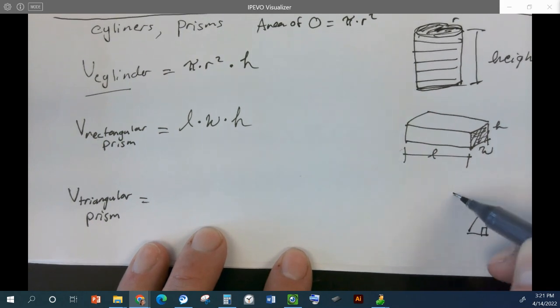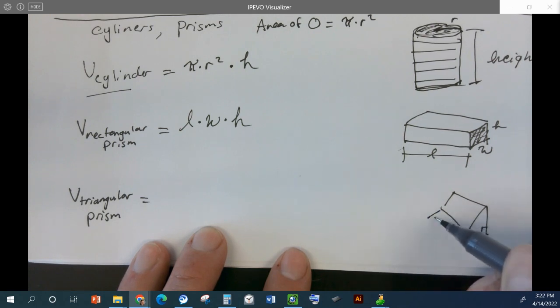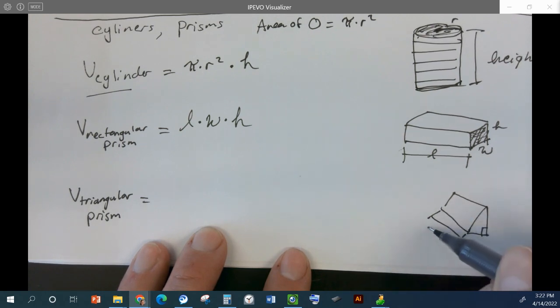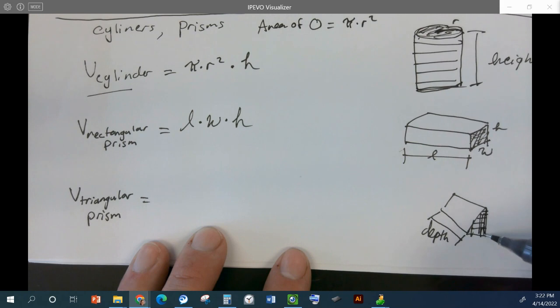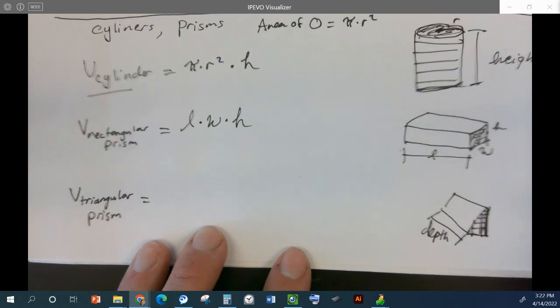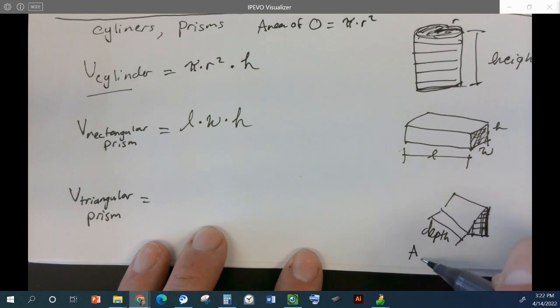So we have our triangle, and then we have some kind of height or depth. We're going to use the same principle. We calculate the area of the face and then multiply by how deep the shape is. So for a triangle, do you guys know how to calculate the area of a triangle? Do you remember? Area of a triangle.